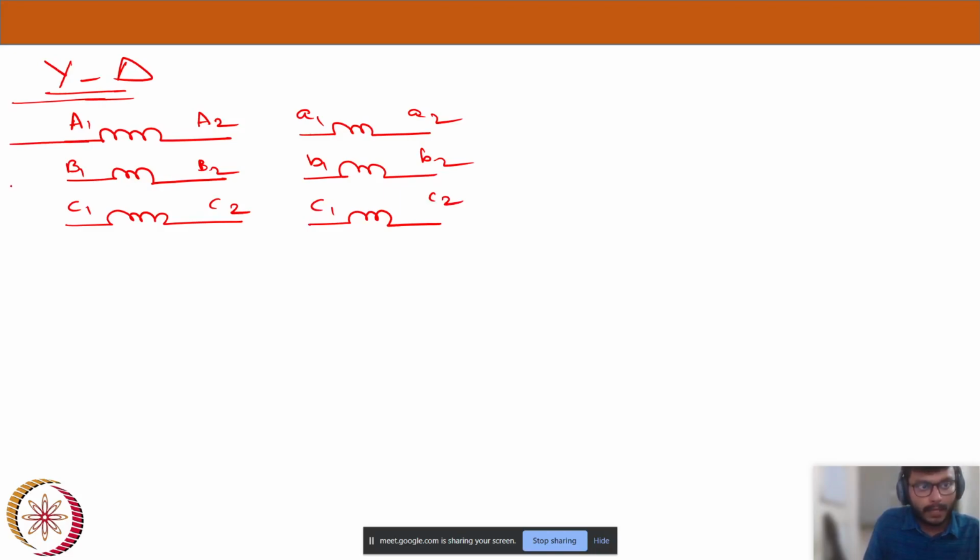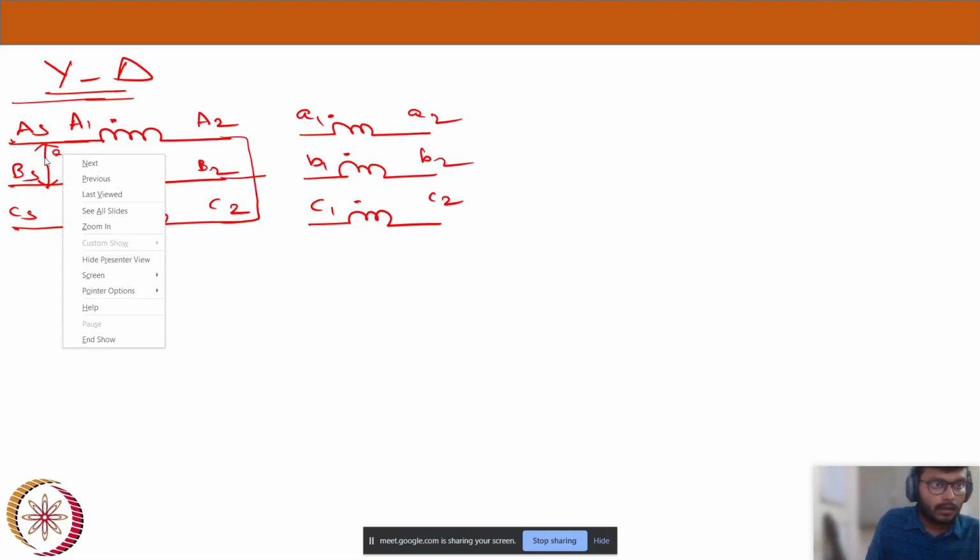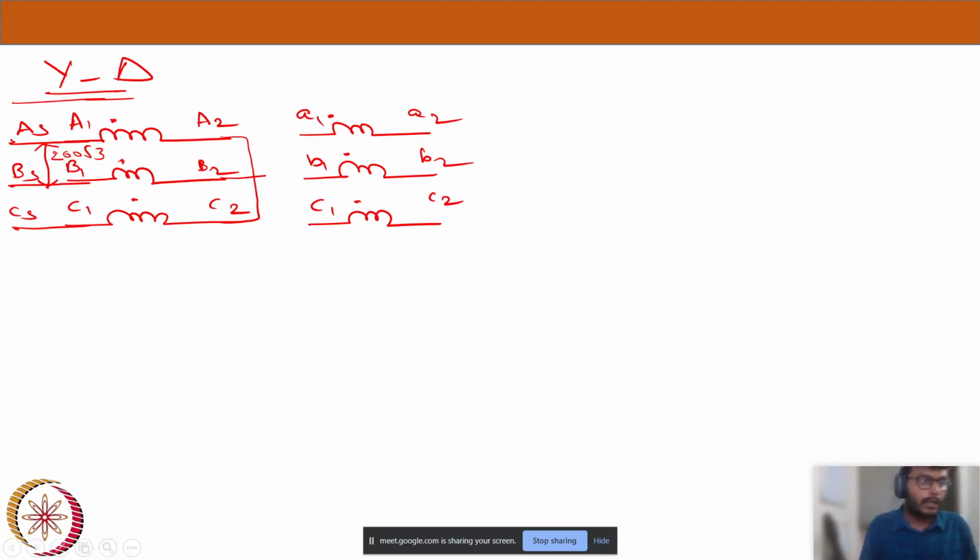Now I am giving supply A1, B1, C1 to AS, BS, and CS. Don't forget about the dot polarity. It is very important. Now how much am I applying here? Star, right? I will short A2, B2, C2 and apply 200 root 3 line to line.